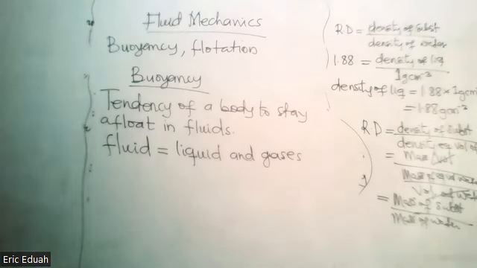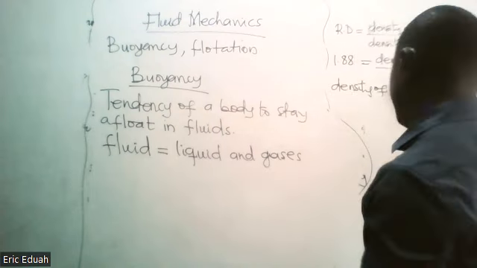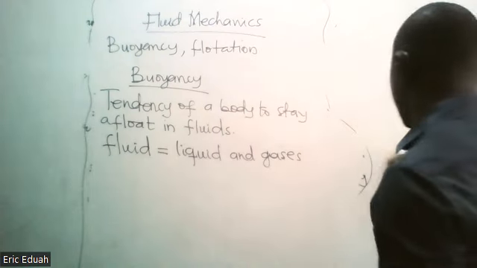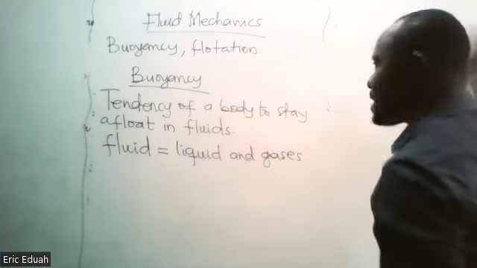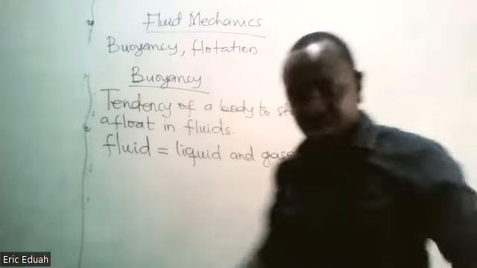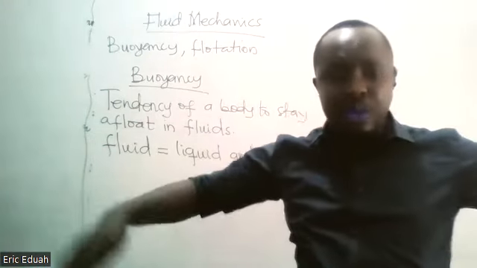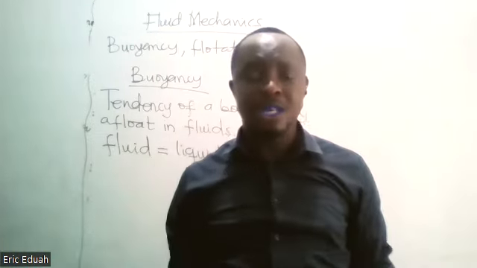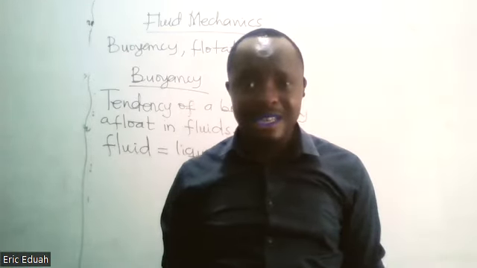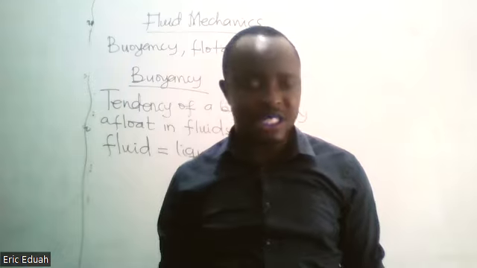In reality, the object could stay afloat because of that contact force acting on the body within the fluid medium. And the contact force which keeps an object within a fluid medium afloat is what we term as the upthrust or buoyant force.